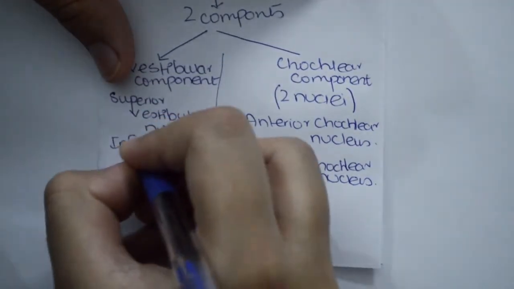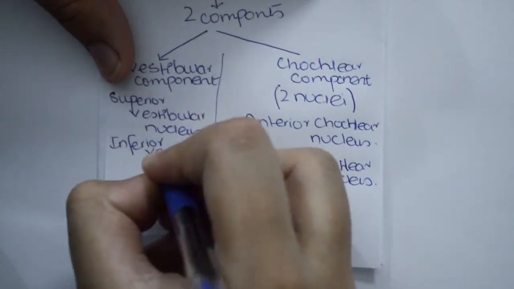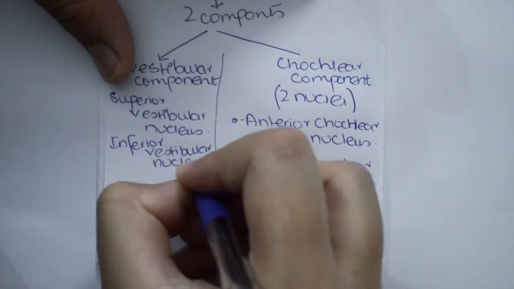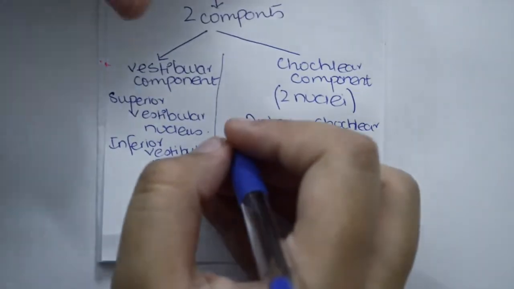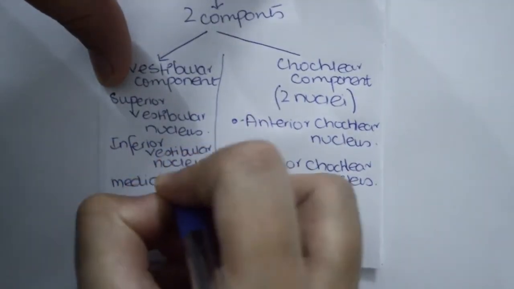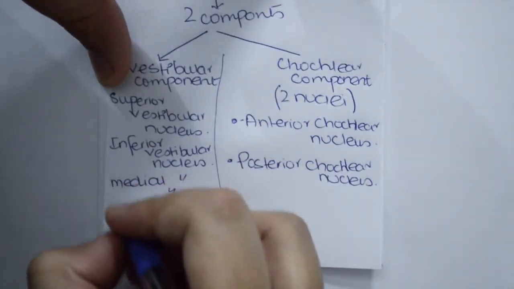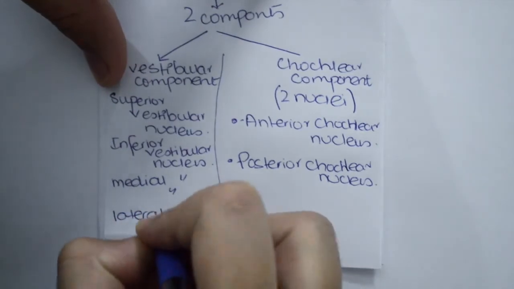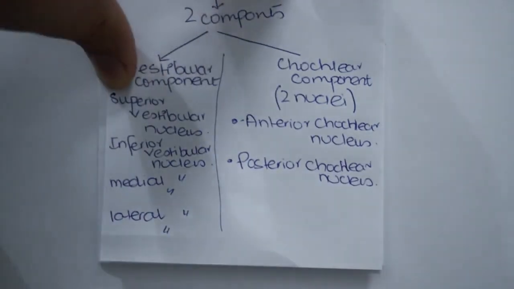These are so easy. Then we have the medial vestibular nucleus, and then the lateral vestibular nucleus. This covers all the aspects.